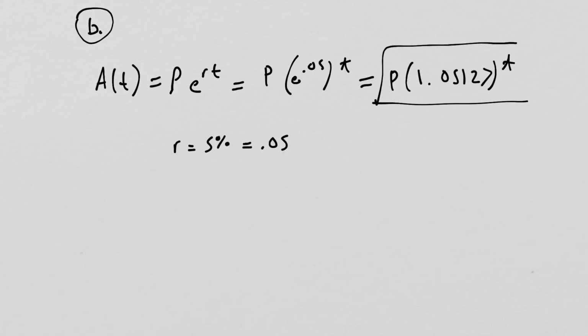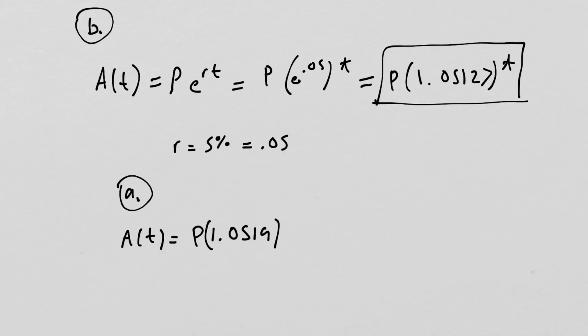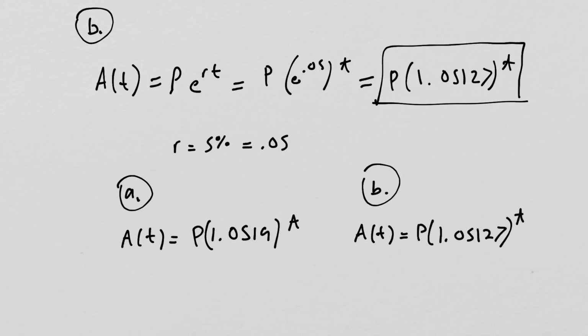So comparing these two values, in part A we got A of t equal to P times 1.0519 raised to the t, and in part B, we just found that A of t is equal to P times 1.05127 raised to the t.